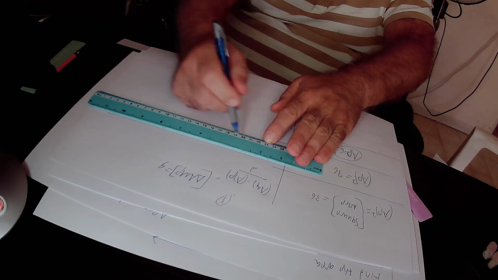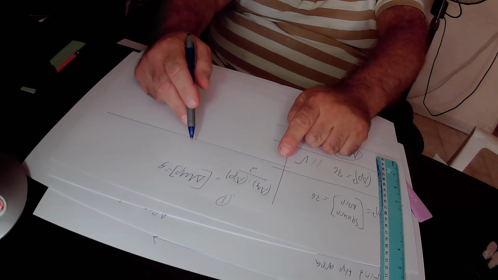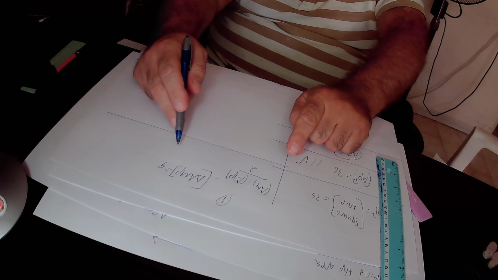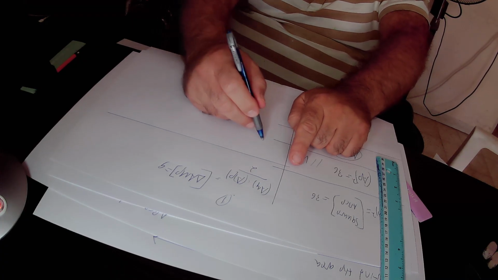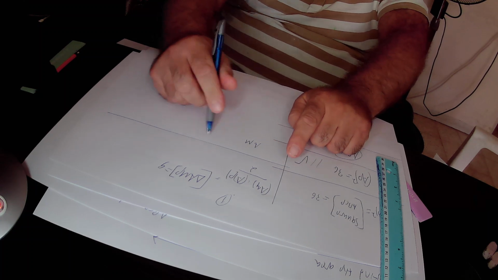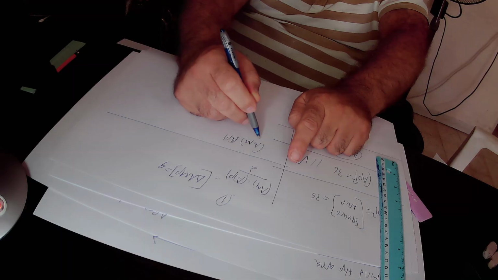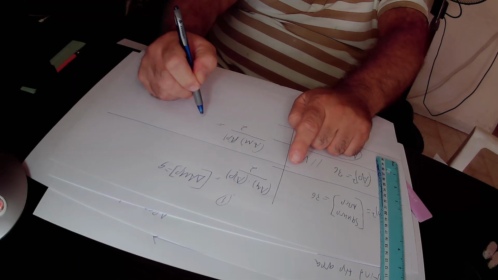From this equation, those two sides are equal to each other: AM times AP over 2 equals 9.